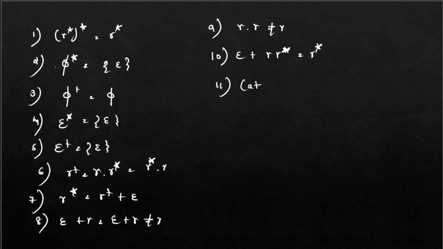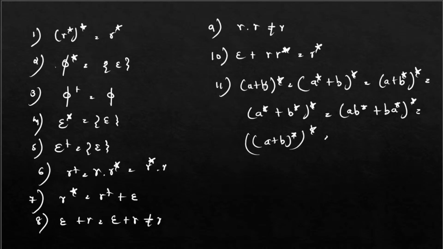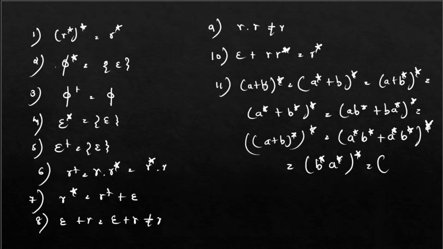11th is (a+b)*, which is (a*+b*)*, which is equal to (a+b*)*, which is equal to (a*+b)*, which is equal to (ab*+ba*)*, which is equal to (a+b*)*, which is also equal to (a*b*+a*b*)*, which is also equal to (b*a*)*, which is also equal to (a*b*)*, like this.